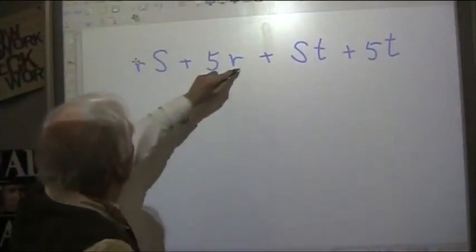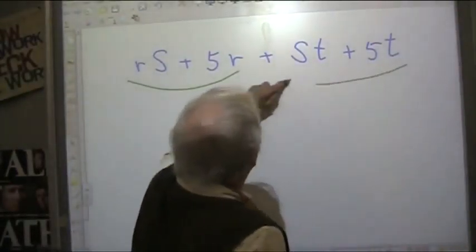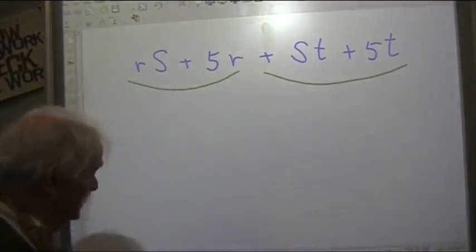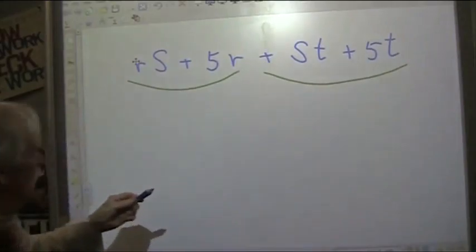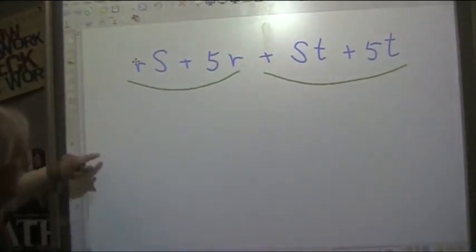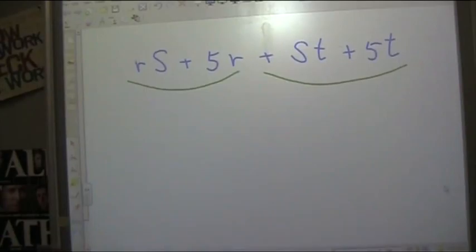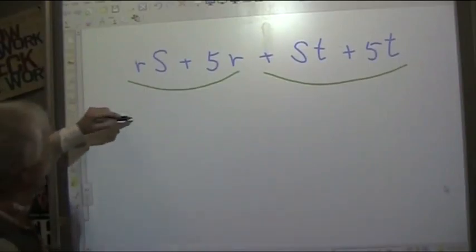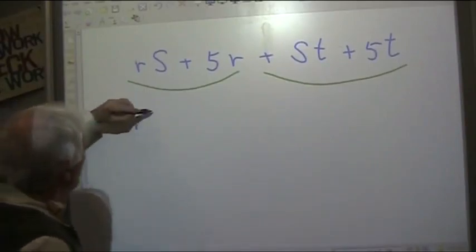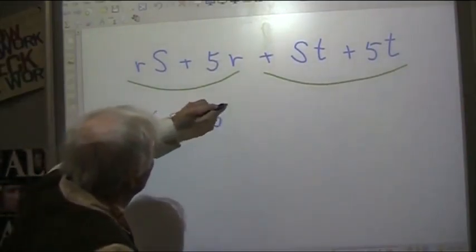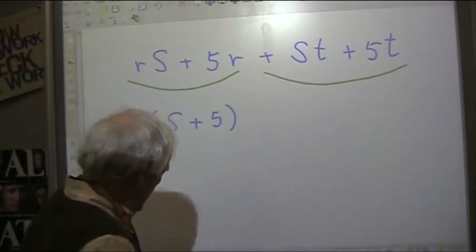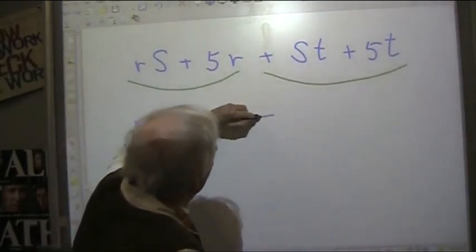So you split 2 by 2, right? All right, so ladies, what was the GCF of the first pair? r. So you had r, and what was the residue? S plus 5. Good. And what do we do next? Bring down the sign.